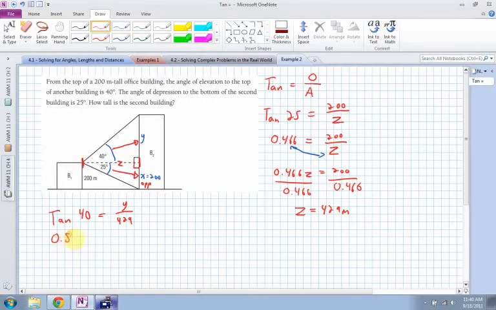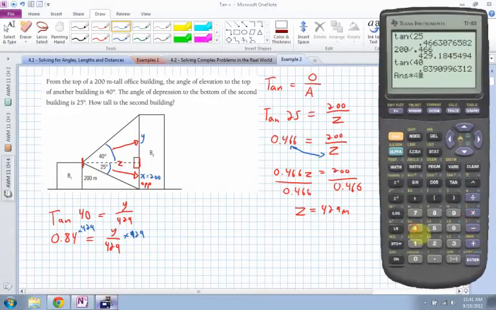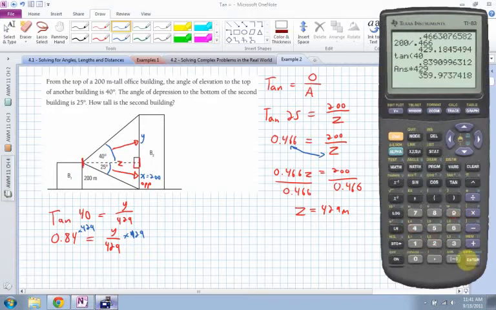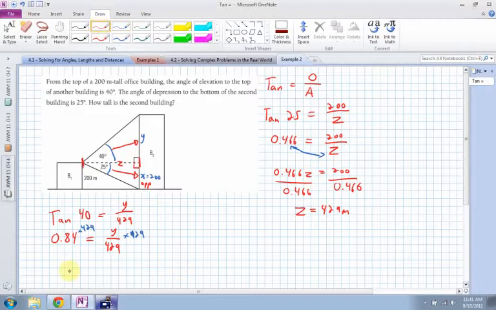So 0.84 is equal to y divided by 429. In this instance, to get rid of the 429, I multiply by 429 on that side. So I multiply that value by 429, and we'll round to 360. So that means y is equal to 360 meters.